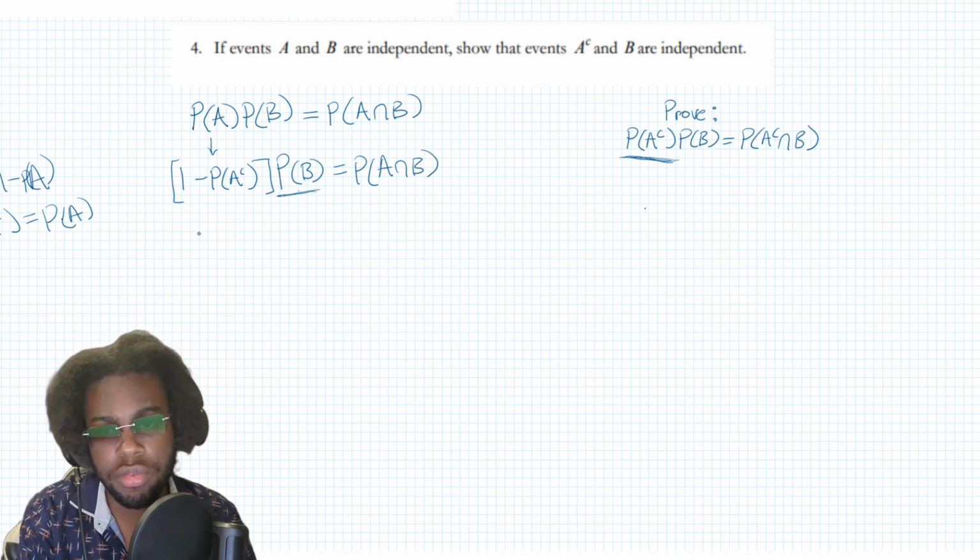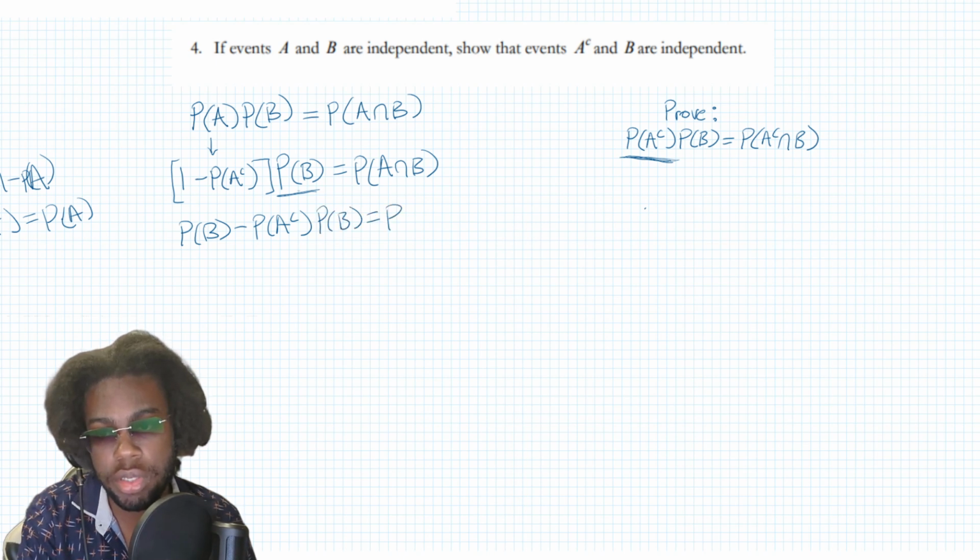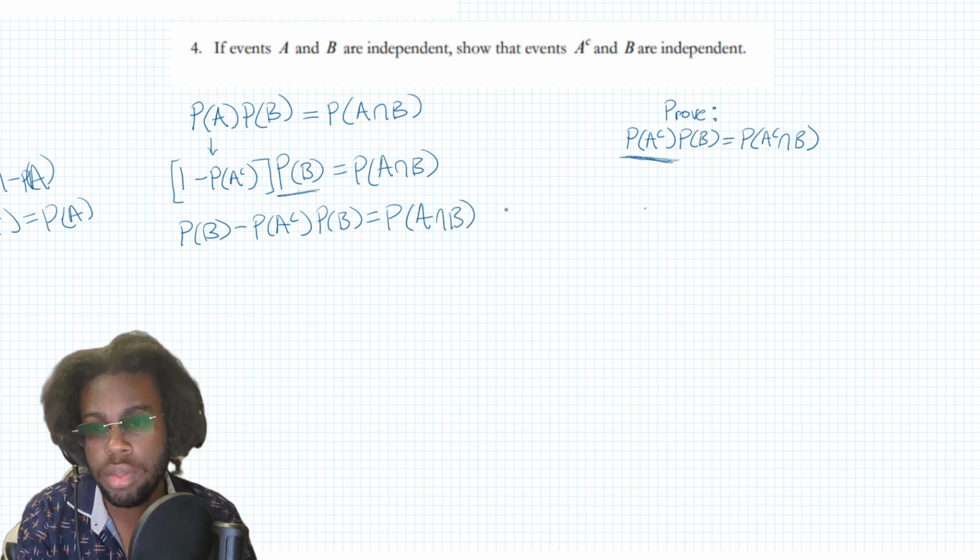Multiplying the probability of B through this, we get the probability of B minus the probability of A complement times the probability of B is equal to the probability of A intersect B. You can see we're starting to look like the target over here a little bit, right?